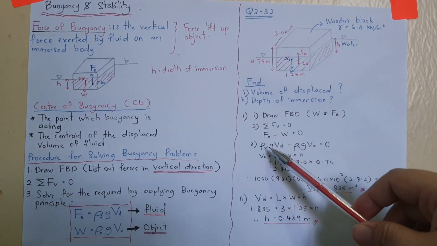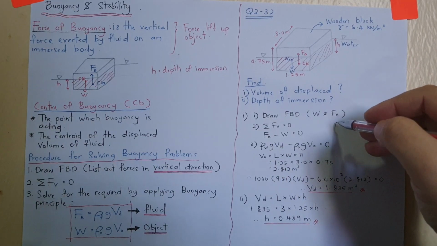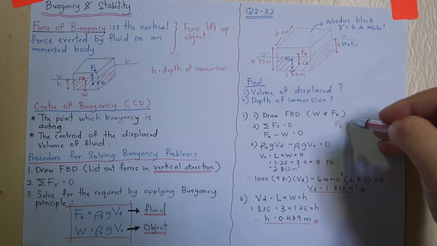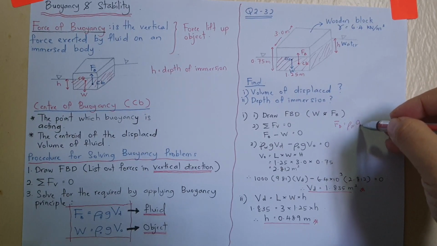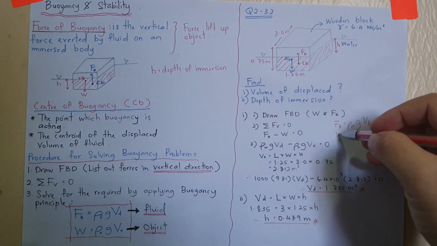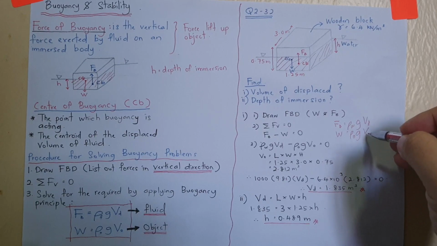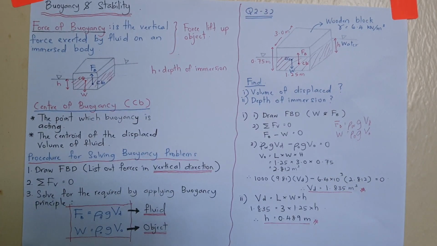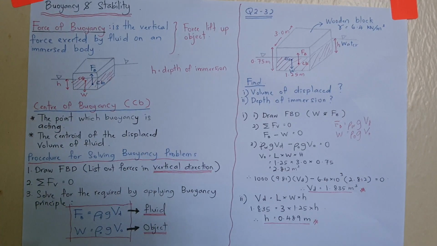So FB equal to rho of water g volume displaced, because FB is about the fluid. And W equal to rho object g volume object. Remember, W is about the object, so we have to use the properties of the object.